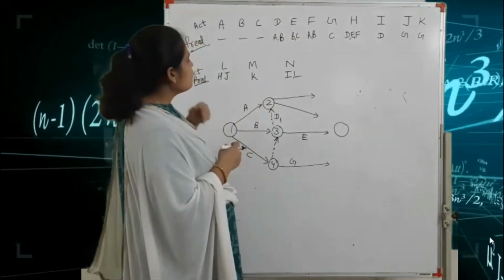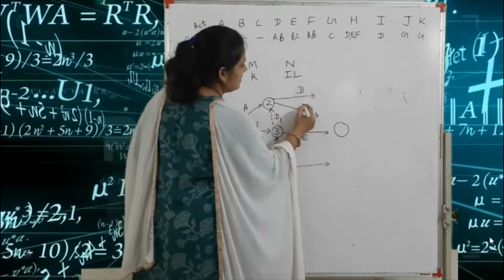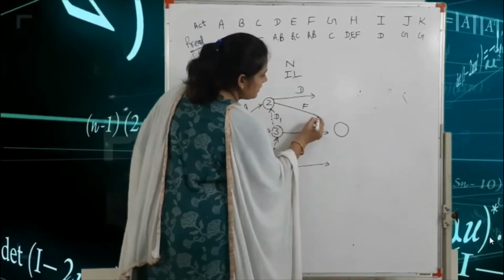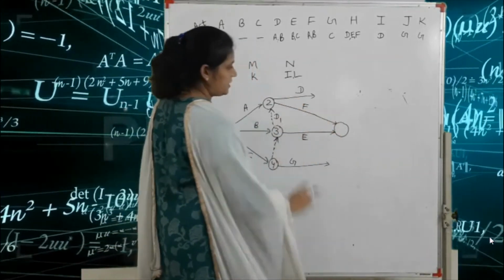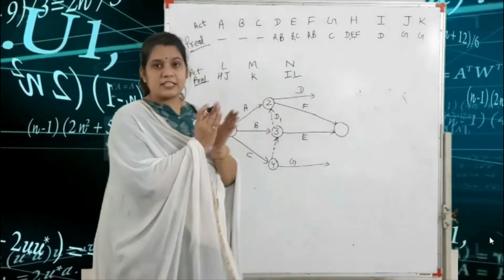So we write here this is a D activity and this is an F activity, and this is an E activity. But D, E and F are completed together.